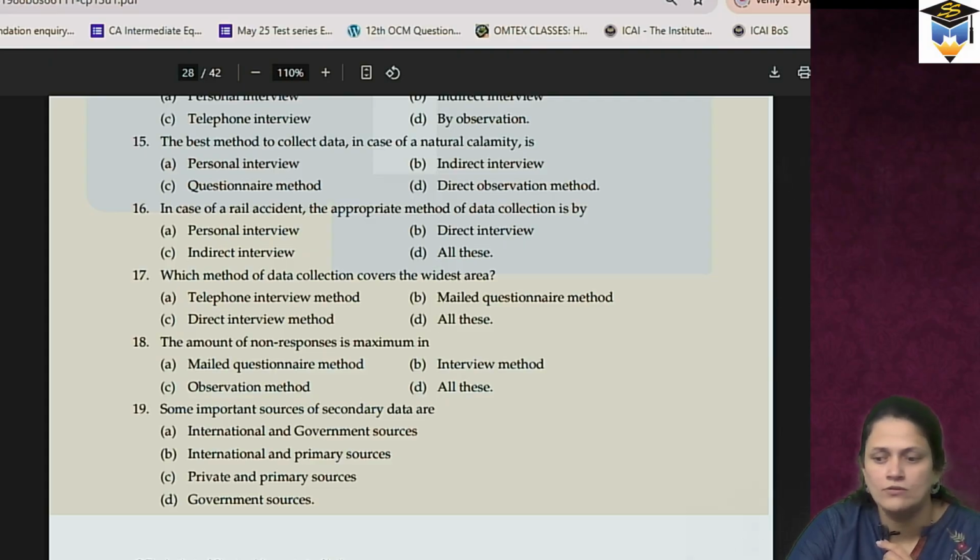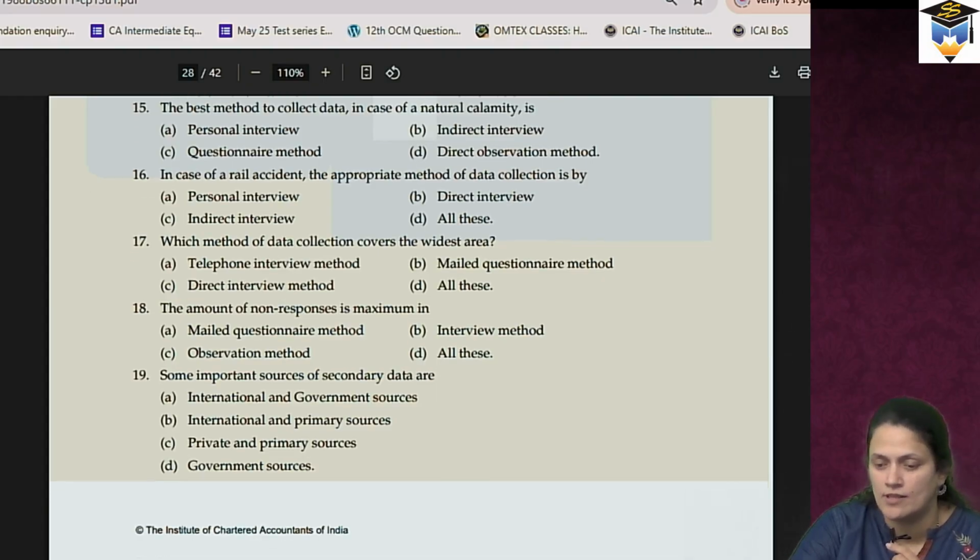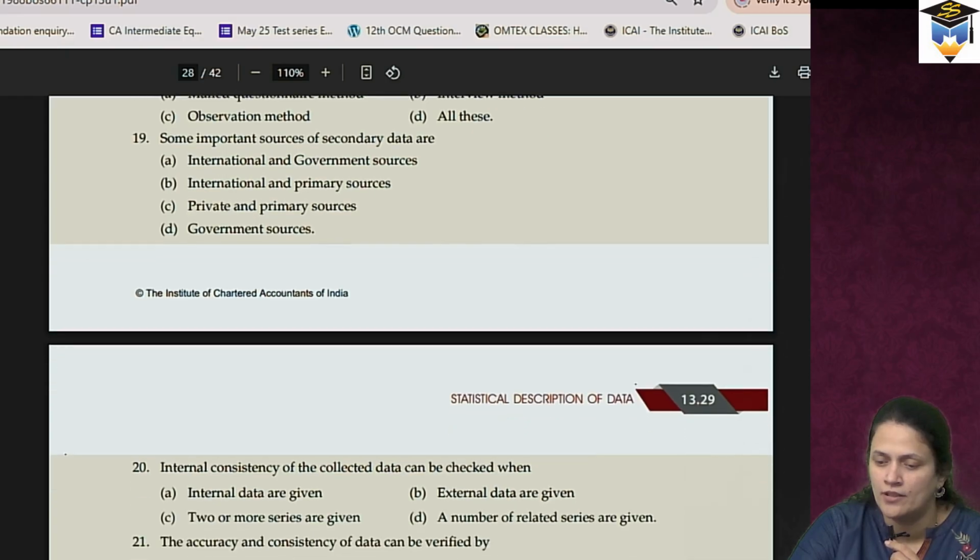Mailed questionnaire method. Correct. Option B. 18th, amount of non-responses is maximum in mailed responses. Option A. 19th, some important sources of secondary data are international and government sources. Option A for the 19th one.